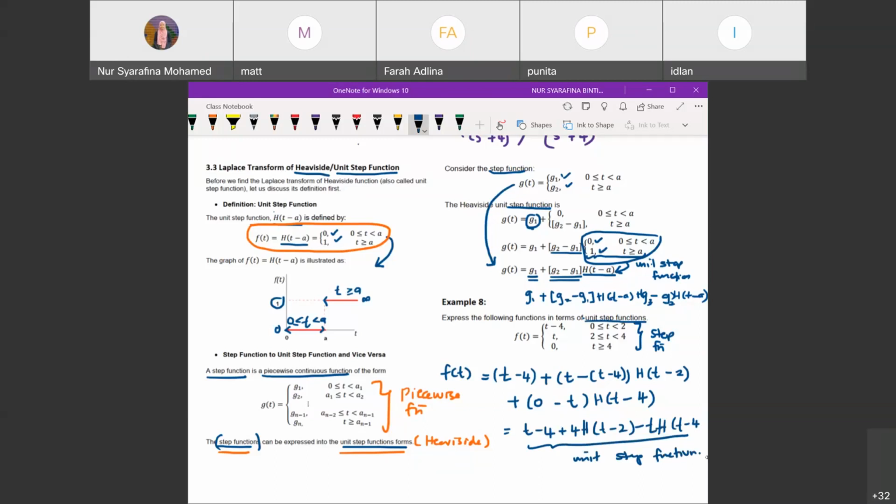Okay, clear now? Understand or not? From the step function, now we change to unit step function following the form here. Okay, it is proven here. So now we have up to 3 functions, so you should have here up to g3.